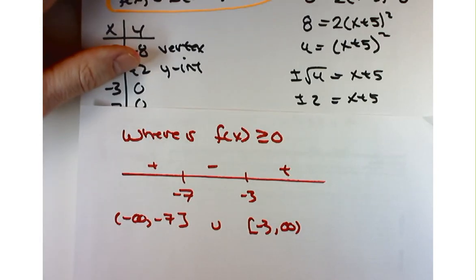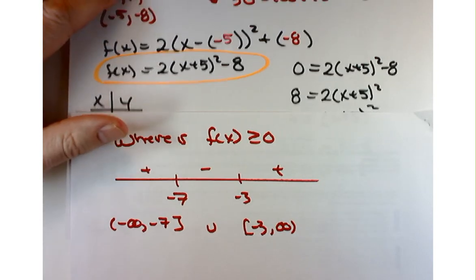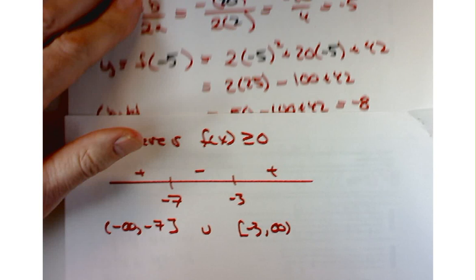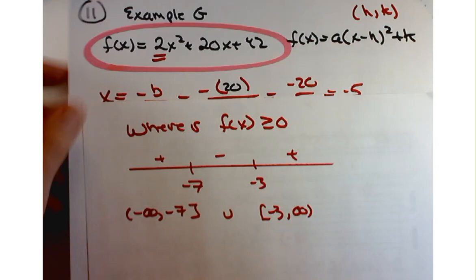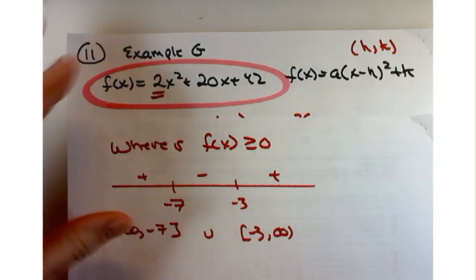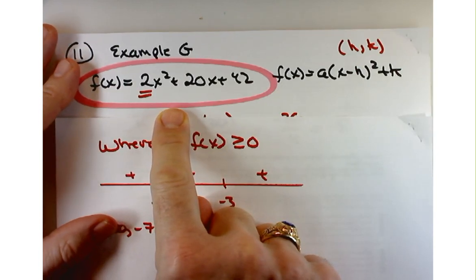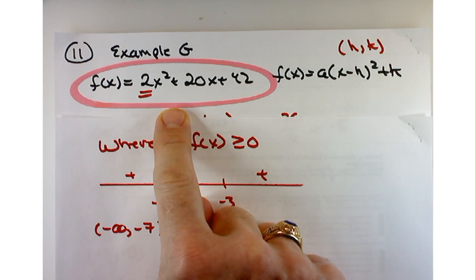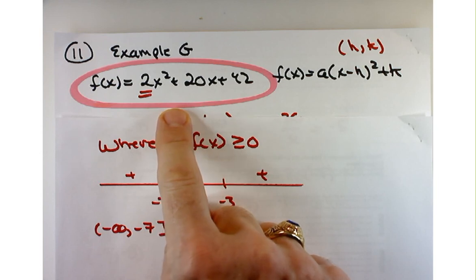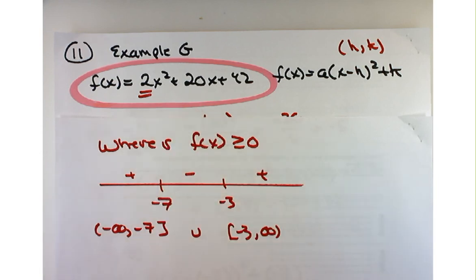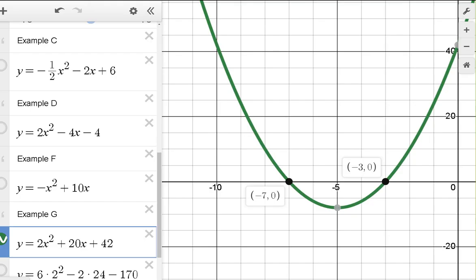Since I've got you wrapped in attention, let me just mention one last little thing here, which I think you'll like. Remember at the very start of this, we were completing the square in order to find the vertex. There's another way to find that vertex if it works out nice and easy.